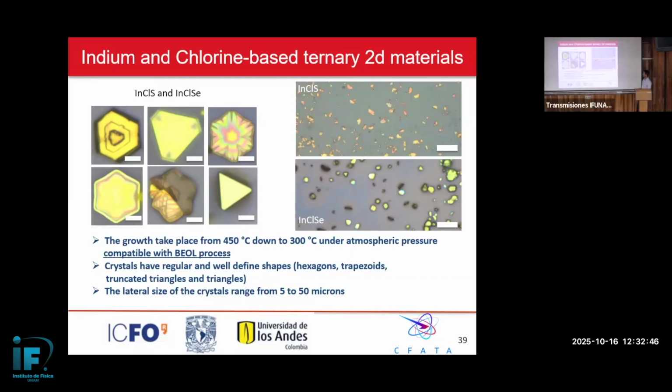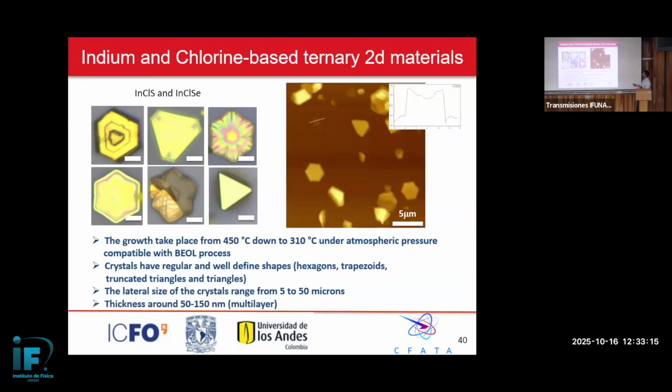And the most impressive thing, at least to me, is that they managed to grow down to 300 degrees, and we are working at atmospheric pressure. So now we are in business, guys. We are really in business because these temperatures are fully compatible with the CMOS process.